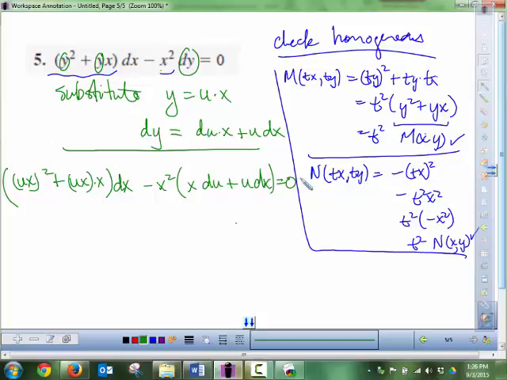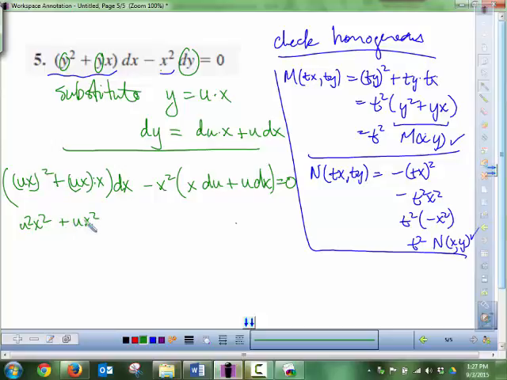Okay, let's try to simplify and do some algebra at the same time. Should we call this u squared x squared? Maybe, I don't know. u squared x squared. I'm going to need to deal with this dx, so I'm going to separate this all into different terms, and then we'll regroup later on. Plus u x squared.